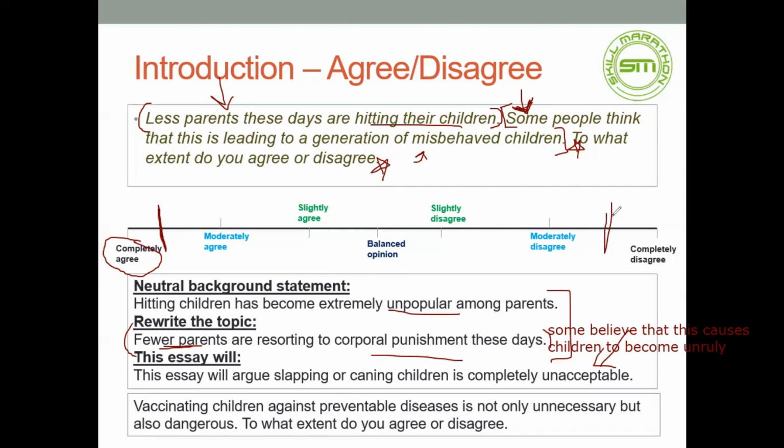Or do I feel that this corporal punishment, hitting children, is completely unacceptable, and just because of hitting or not hitting, it doesn't lead to a generation of misbehaved children? What do I think? Or do I feel it's okay to hit children, but once in a while, because that's when they'll behave properly, that's when they are going to follow certain instructions. What is it that you think?